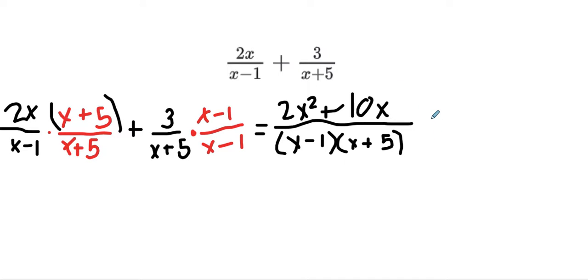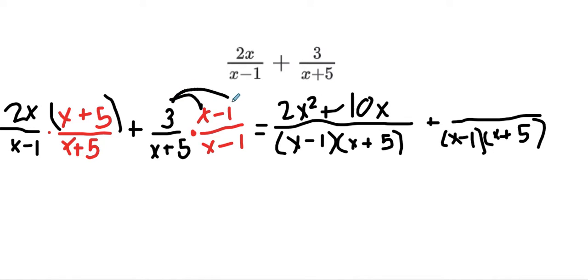Plus, again, my common denominator was x minus 1 times x plus 5. So when I multiplied my second term by x minus 1, I would get 3x minus 3.